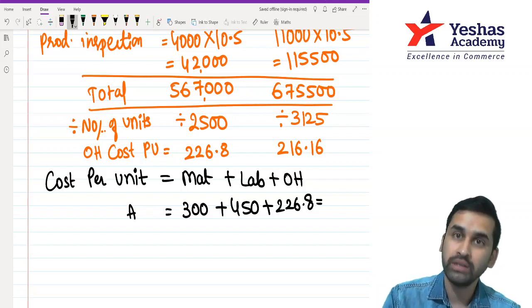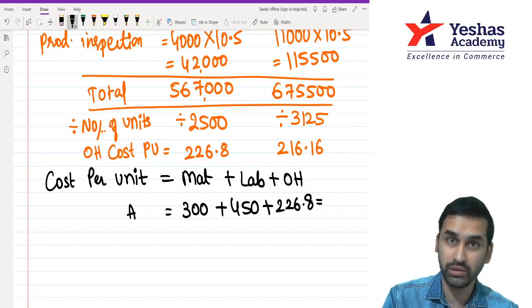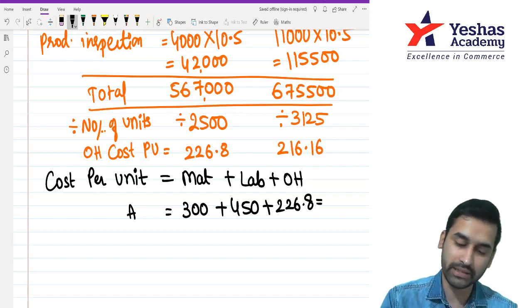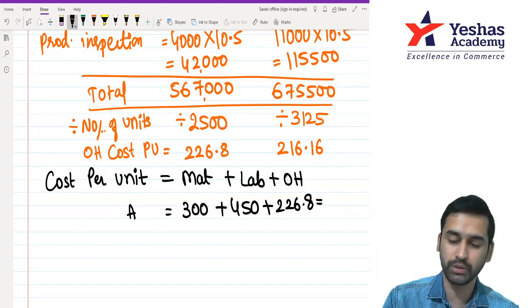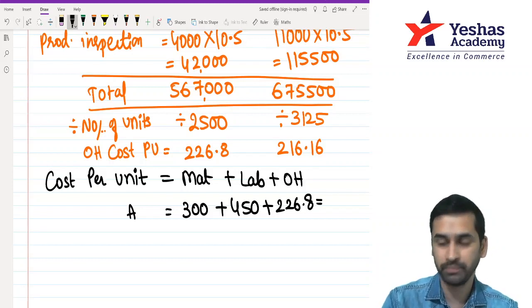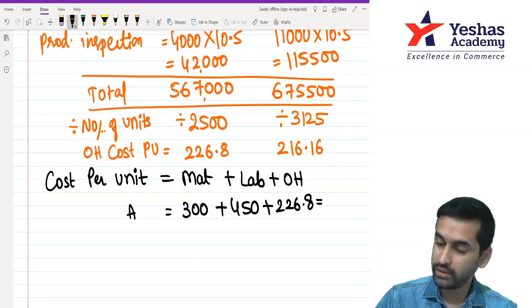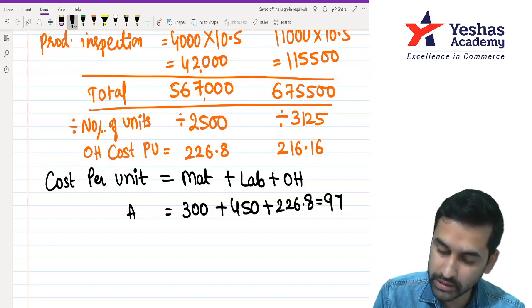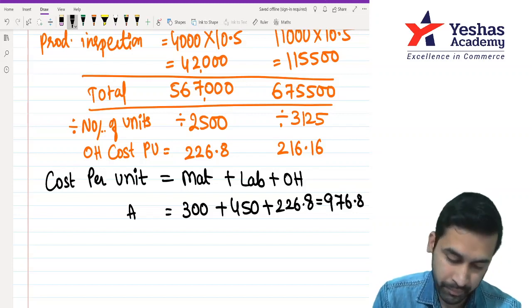Sir, should it be in a table only, should this be the column and that the row? Not necessary. Can the reader understand this way, material plus labor plus overhead? Okay, yes, no problem, then that is the correct presentation. So 300 plus 450 plus 226.8, I am getting 976.8.